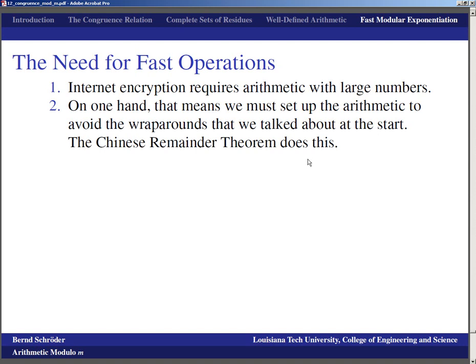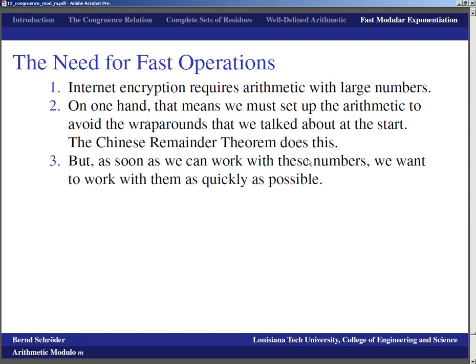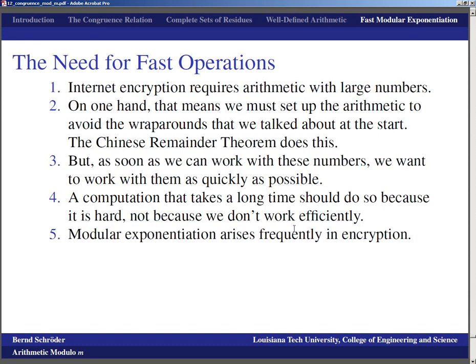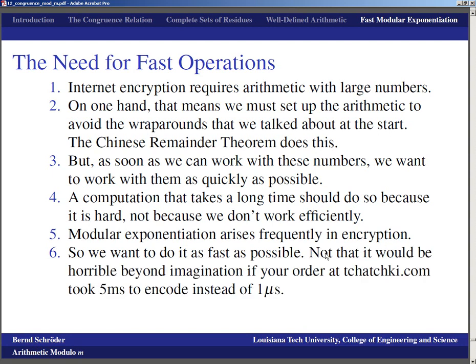But the Chinese remainder theorem will do that. And so as soon as we can work with these numbers, we also want to work with these numbers as quickly as possible. And well, a computation that takes a long time should do so because it's hard, not because we don't want to work efficiently. And modular exponentiation arises very frequently in encryption. And so we naturally want to do that as fast as is possible.